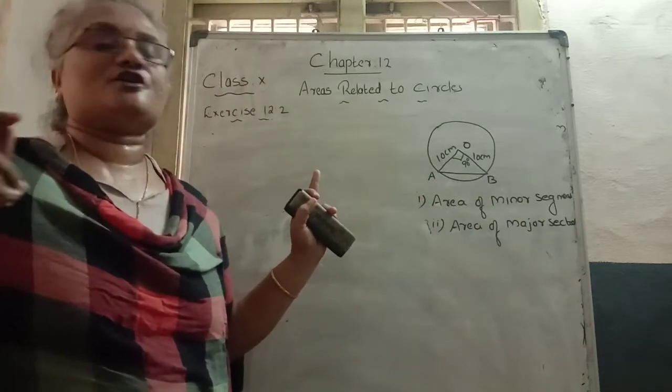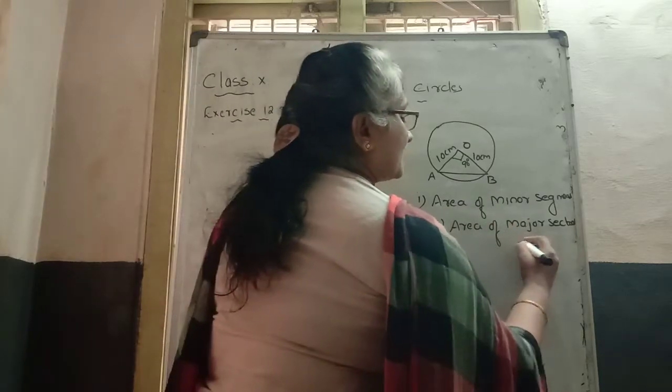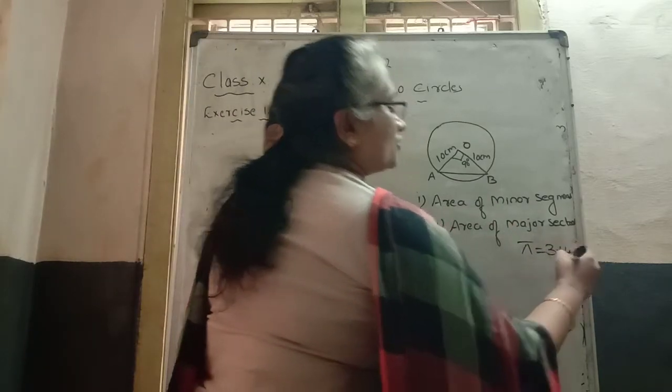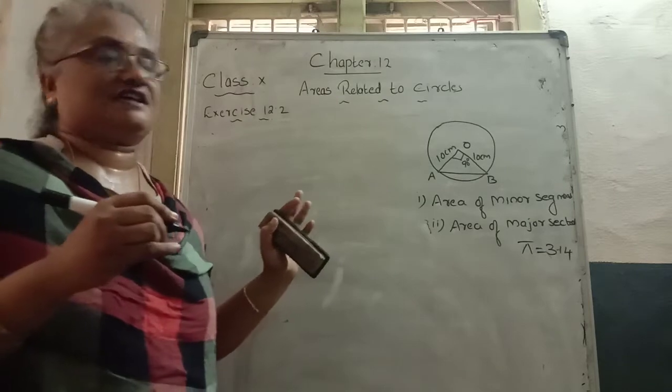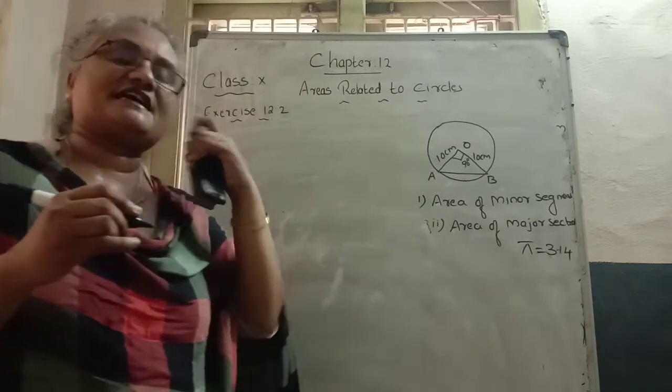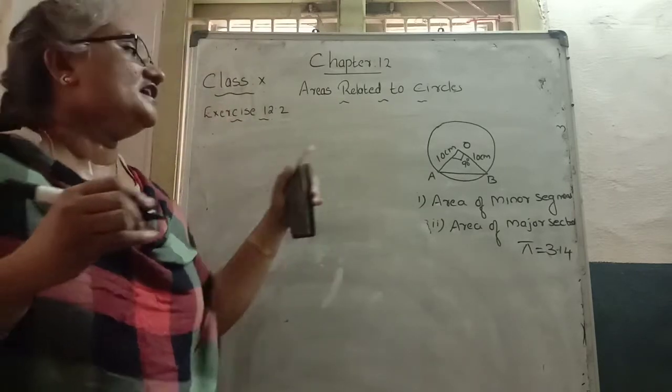Those are the two cases we want to find. Then the pi value they have given us is 3.14, so here we can consider pi as 3.14.